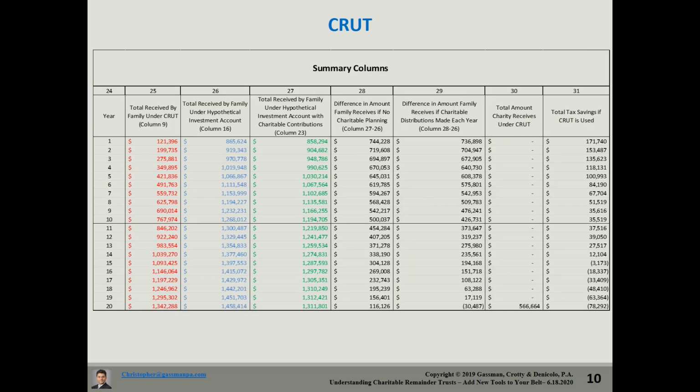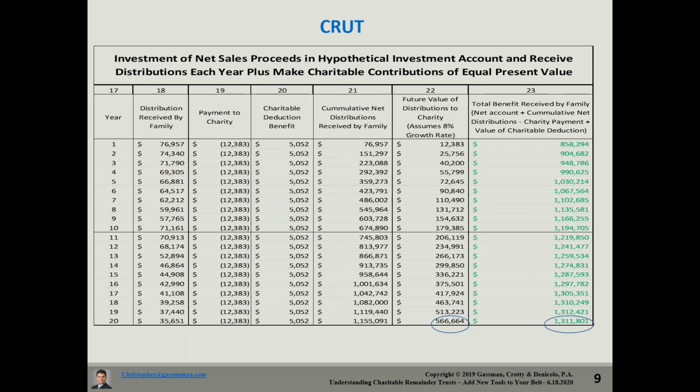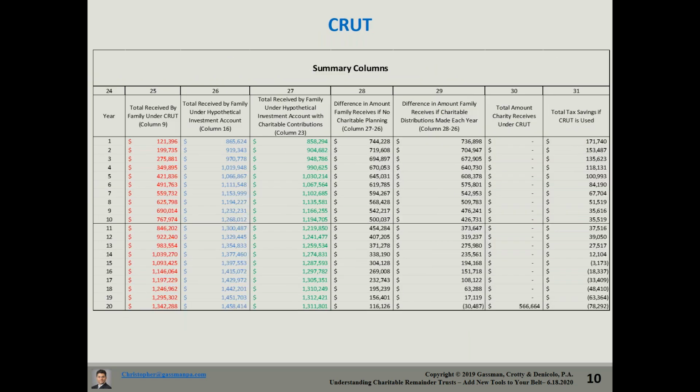And as I go through these slides, I just want to mention on slide 10, we have a summary of what would happen. And by the way, on slide 9, just to give you some context, this is a spreadsheet showing what would have to happen each year. So if you didn't do the CRUT and you just gave the charity each year an amount, so that at the end of 20 years they received a nominal amount of 566,000, assuming an 8% growth rate, the family's going to get 1.3 million, which, as indicated on slide 10, is a lot less than what would happen under the CRUT.